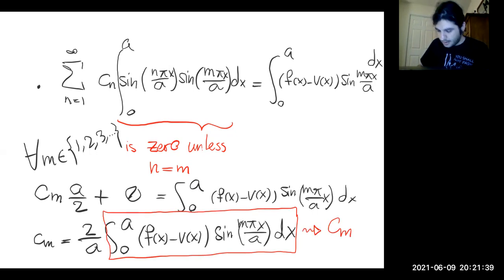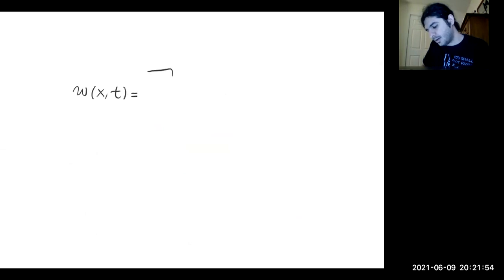Remember, W of x and t was equal to the sum of Cn times sine of n pi x over a.